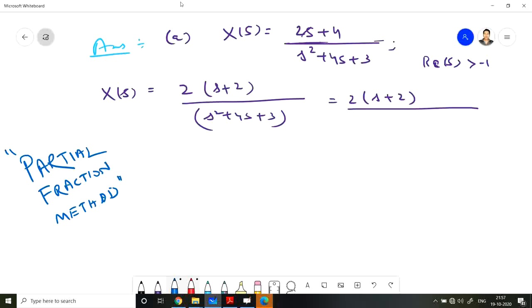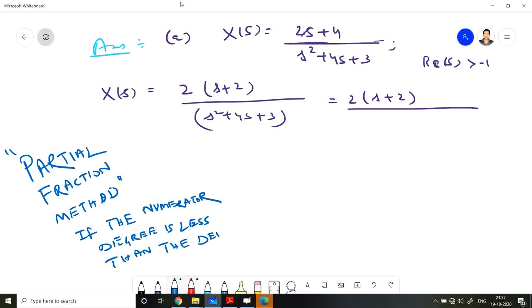So first we have to see the degree. The condition is, if the numerator degree is less than the denominator degree, then we can do the partial fraction analysis.